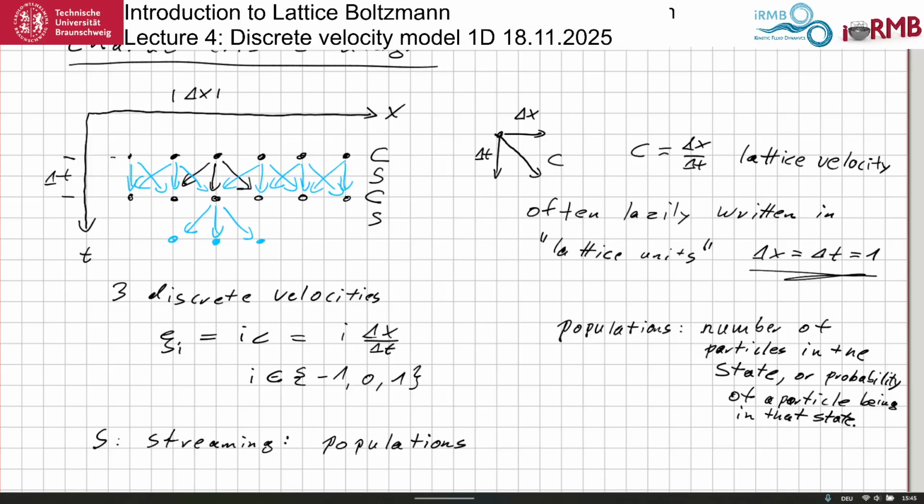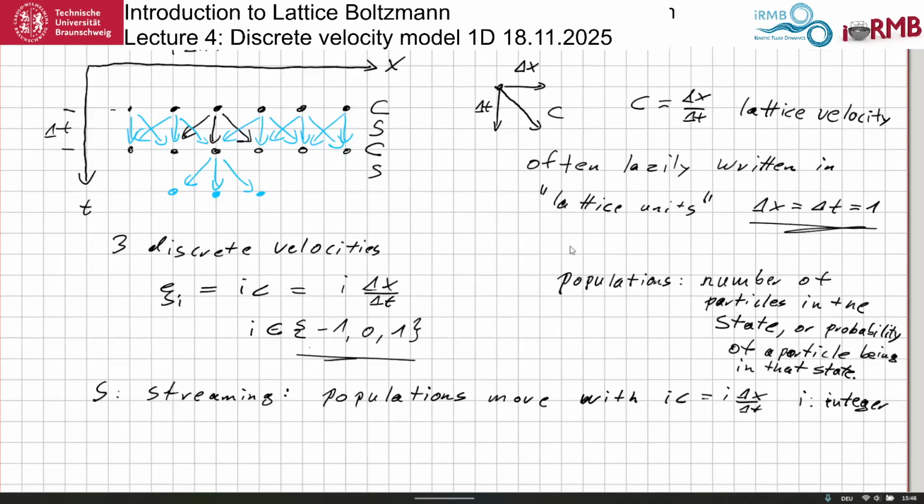So, okay, I've not finished my sentence. So populations move with i times delta x by delta t, with i being an integer. So we can have different discretizations, but we'll always have integer discretizations.